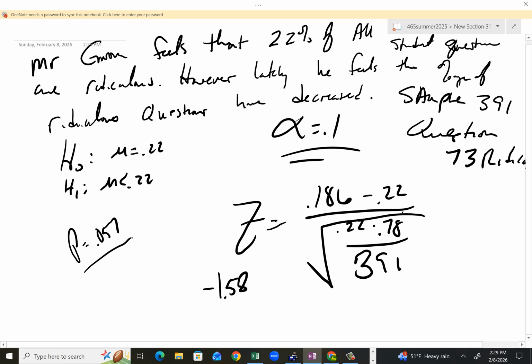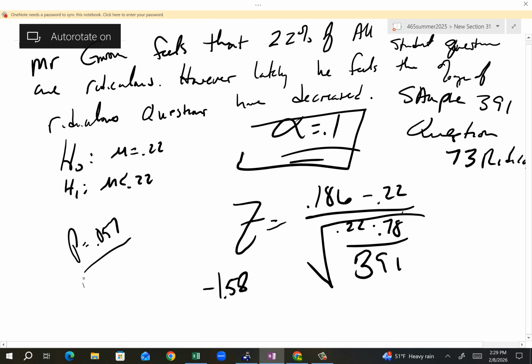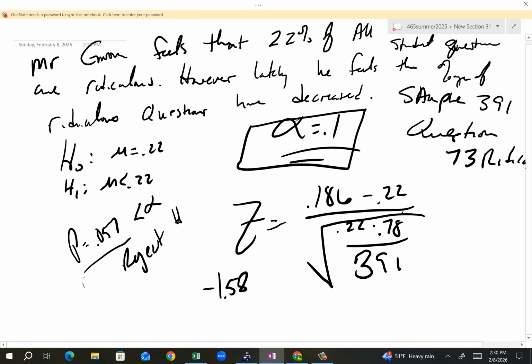And traditionally, we would fail to reject, but not so fast. We are dealing with a person who doesn't tolerate any BS here. No, it's not true. We're dealing with weird people. And so we set our alpha a little higher this time. I just did it because I want to see if you're paying attention. So because P is less than alpha, we reject H naught.